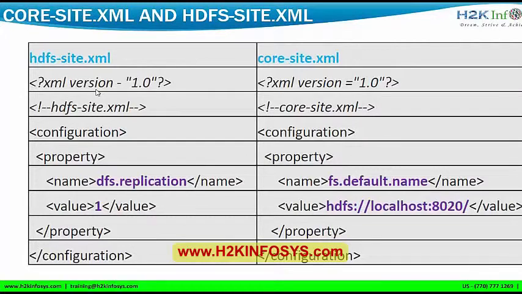So if you see here, a sample hdfs-site.xml is given where I am declaring the replication factor. By default it would be 3, but if I want to change my replication factor to 1, this is how I have to give it in my hdfs-site.xml. The name will be written as dfs.replication, and the value I am declaring now is 1, because I am going to install it in pseudo-distributed mode.